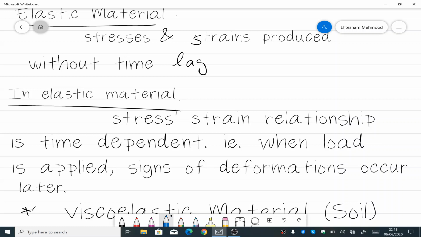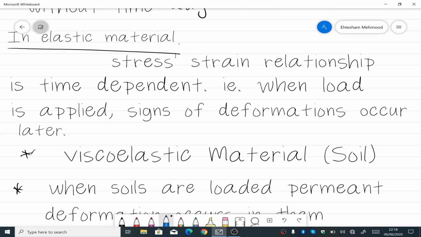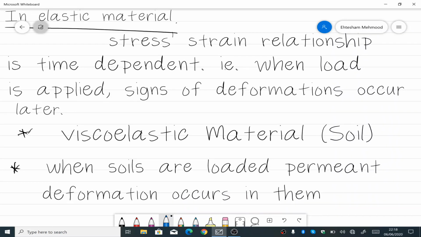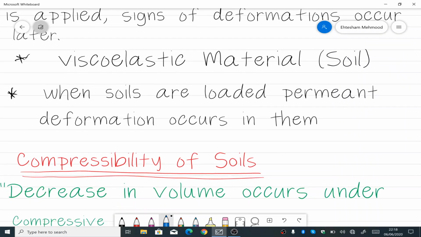That means when load is applied, signs of deformation occur a little later. These are also called viscoelastic materials, and soil is one good example of a viscoelastic material. Also, when soils are loaded, they always get some permanent deformation in them.